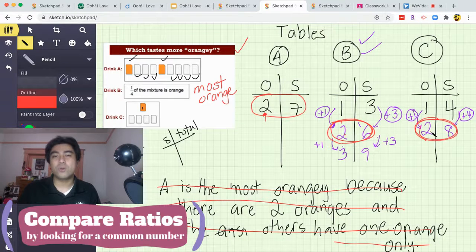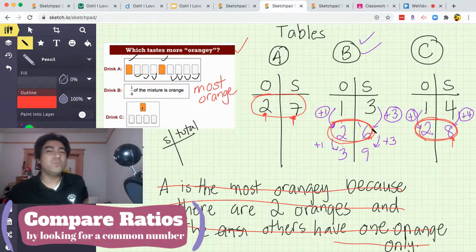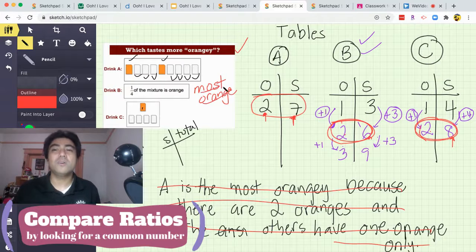This has 2 orange, this has 2 orange, and this has 2 orange. But the soda is different. This one has the least amount of soda. So this is going to taste more orangey.